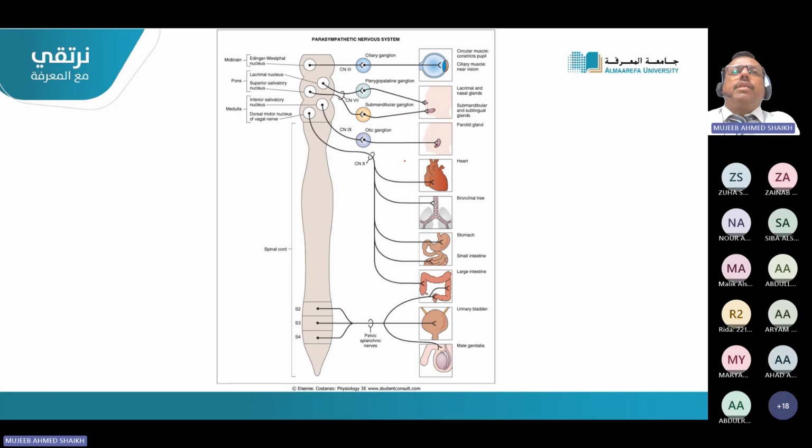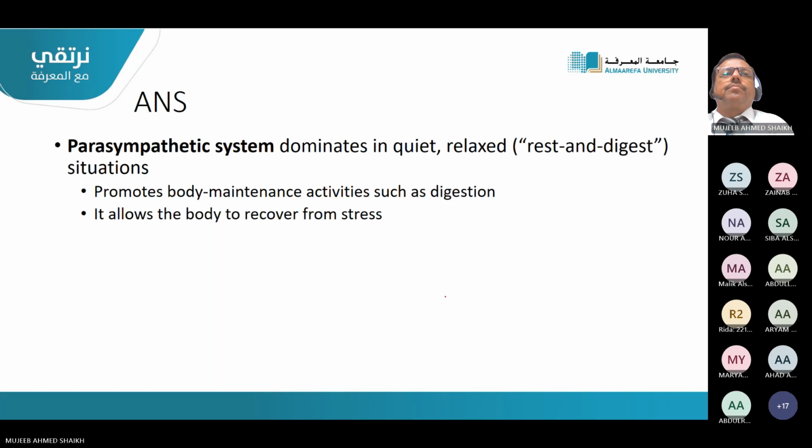Here is the picture showing the parasympathetic outflow: cranial nerves 3, 7, 9 and 10 plus the S2, S3, S4 segments of the spinal cord. There will be a longer preganglionic fiber, and the postganglionic fibers actually lie in the organ itself. So postganglionic fibers are short.